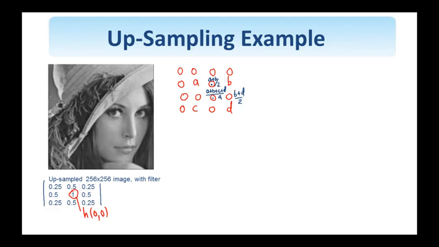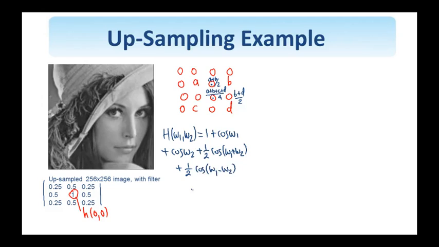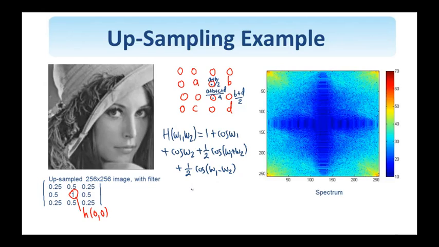And what's the frequency response of this one is, by now we should be able to look at it, and by observation we know that it's 1 plus cosine omega 1 plus cosine omega 2 plus 1/2 cosine omega 1 plus omega 2 plus 1/2 cosine omega 1 minus omega 2. So this filter, we showed actually the magnitude of this at an earlier point, how it looks like, is going to multiply the spectrum of the image, and this is the resulting spectrum of this upsampled image.